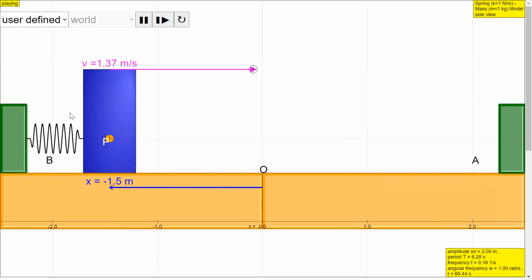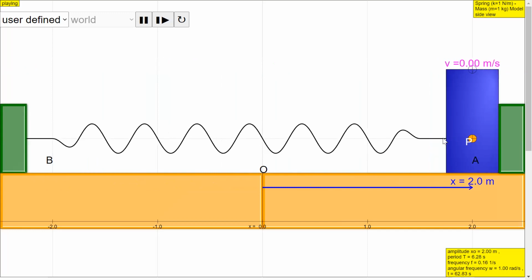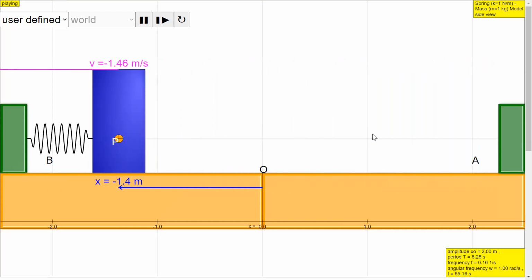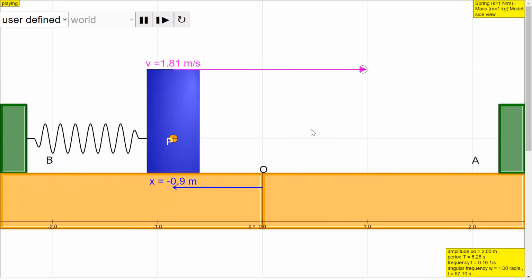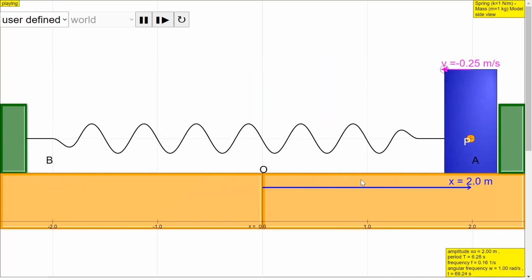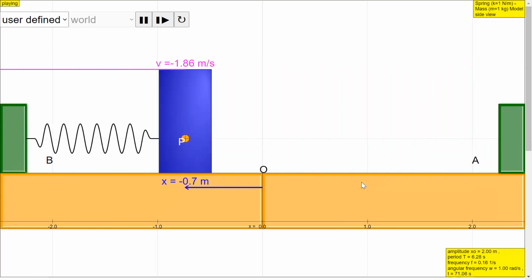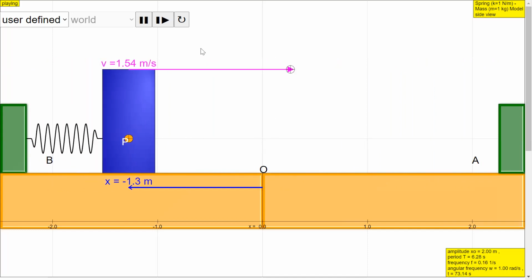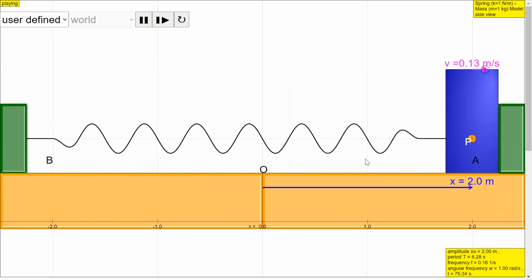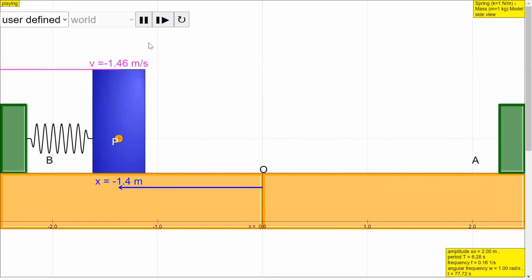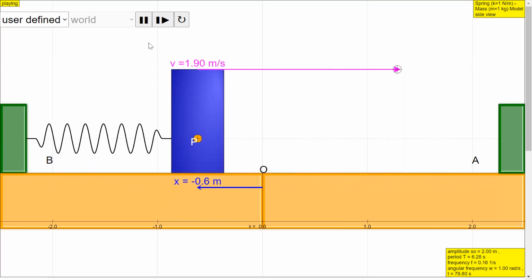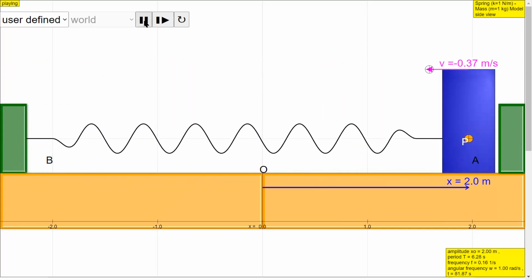Therefore, it will move infinitely back and forth. But if there is a friction force or an external force that opposes the motion, it will eventually stop.